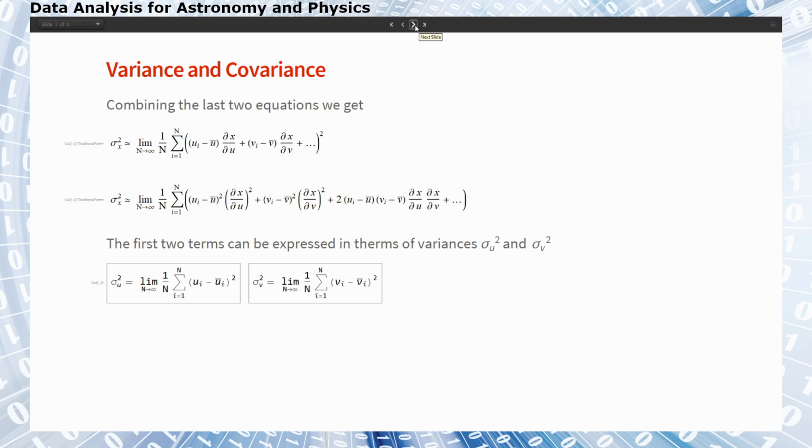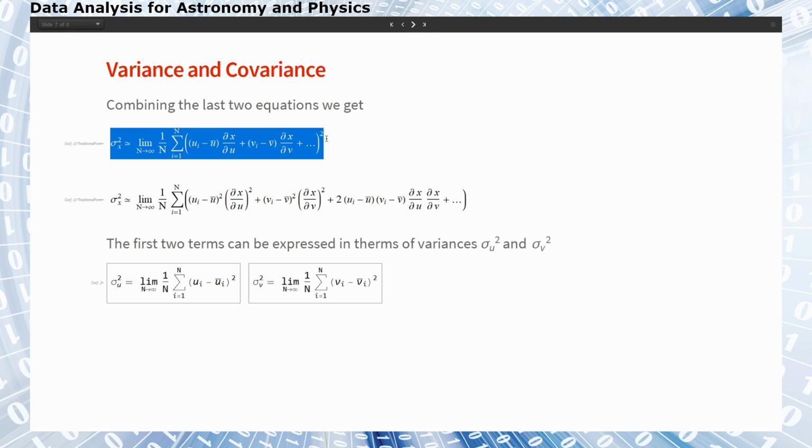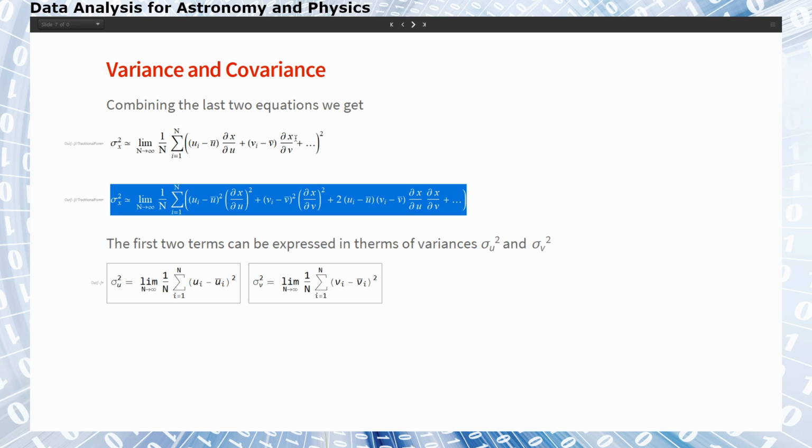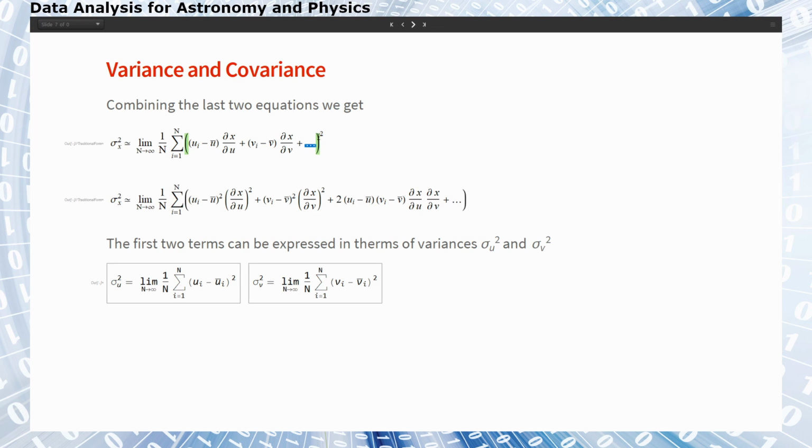Now combining these equations, we get this one here, and we can now multiply out the square, and by collecting the terms, we get the first term squared plus the second term squared plus the mixed terms, so this times this, plus all the other terms for additional parameters.